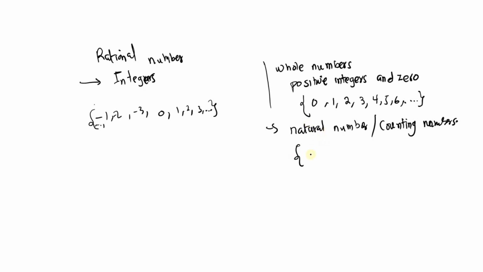So they do not include 0. They are only positive integers. So we start from 1, 2, 3, 4, 5. The set of this is what we call the natural numbers. So I have a pictorial diagram that will help us to understand this.